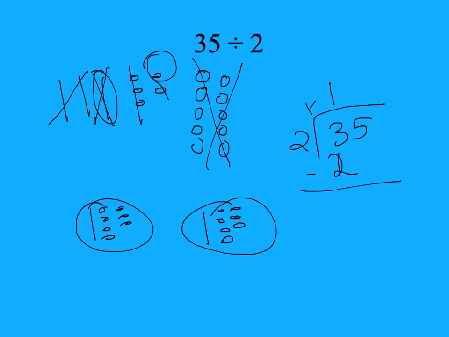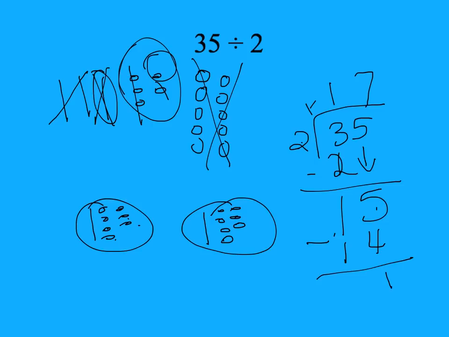And so that means I have 1 10 remaining. I subtract. I now bring down my 5. Those are my 5 ones that I originally started with. So now 15 gets distributed amongst the 2 groups, and each group gets 1, 2, 3, 4, 5, 6, and 7. And 2 times 7 is 14, and that is my 1 left over. So my quotient is 17, remainder 1.